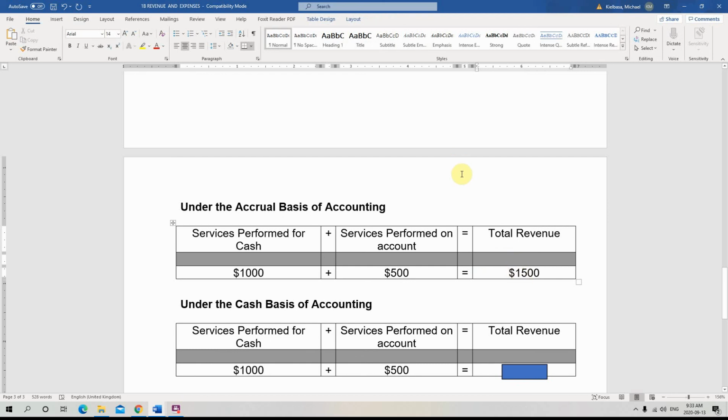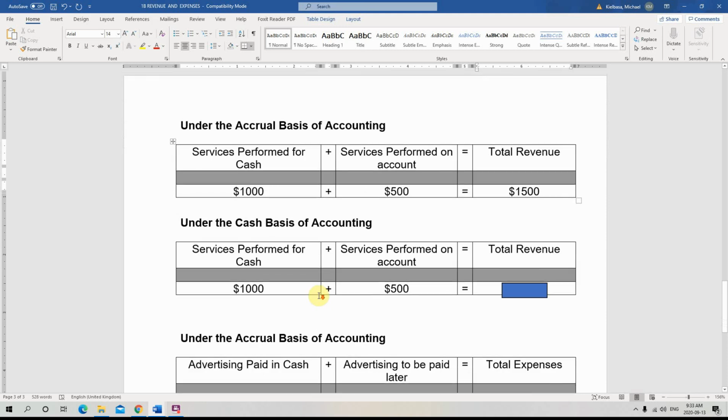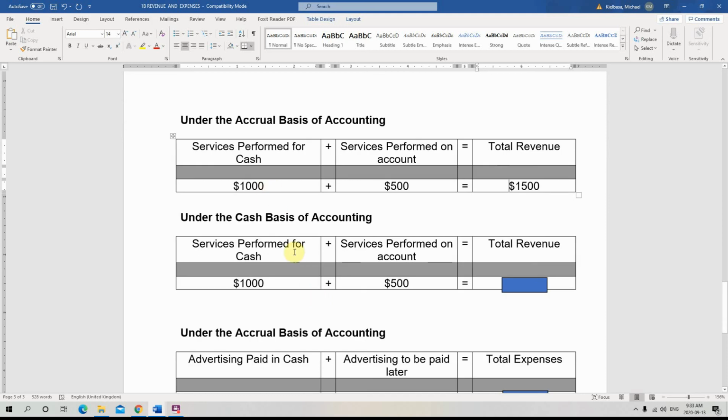Now, under the cash basis of accounting, it's revenue when the cash is received, not necessarily when the service was performed. Okay, now the example has the same numbers. Okay, so 1,000 here, 500 here, and this is under the accrual basis of accounting, this is under the cash basis of accounting.